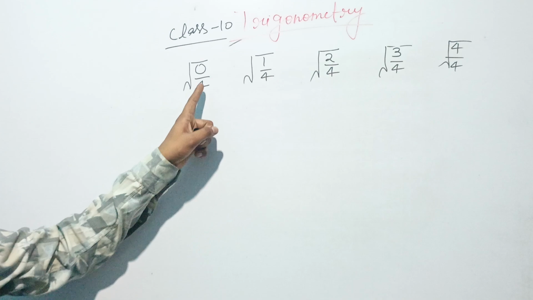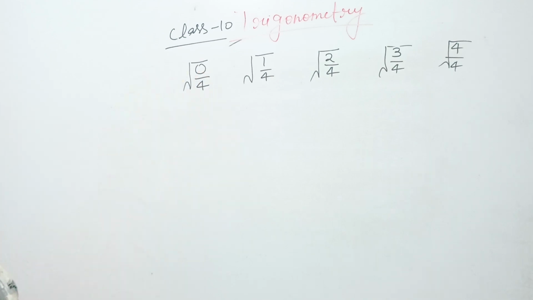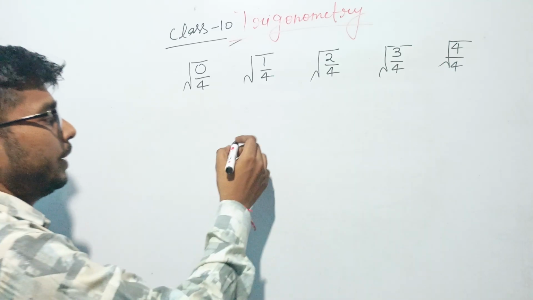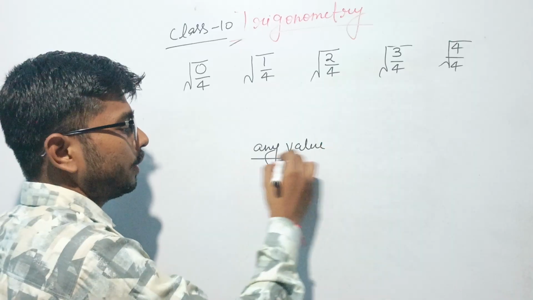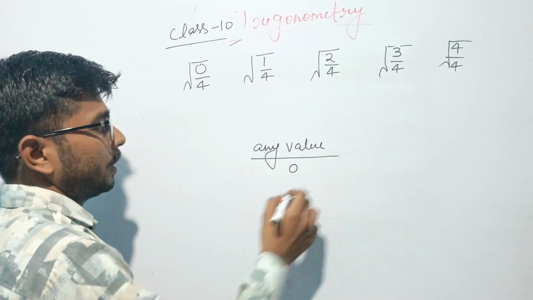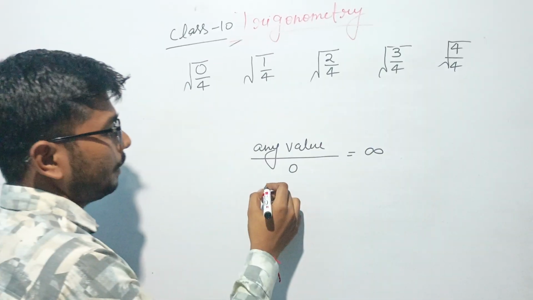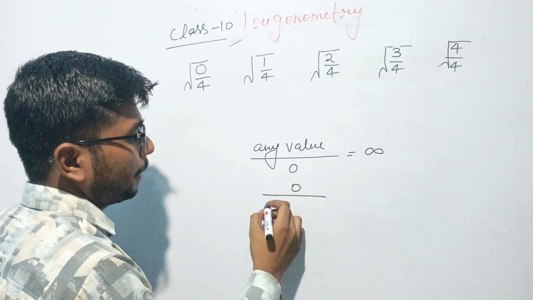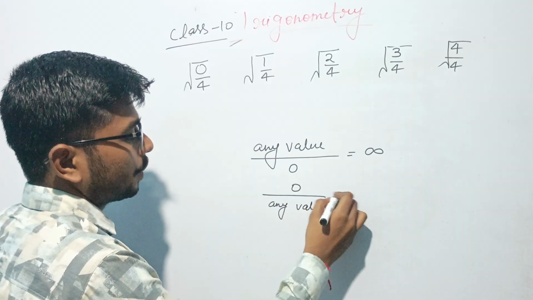So whenever you divide 0 by 4, you will get 0. Any value divided by 0, you will get infinite. And 0 divided by any value, you will get 0.